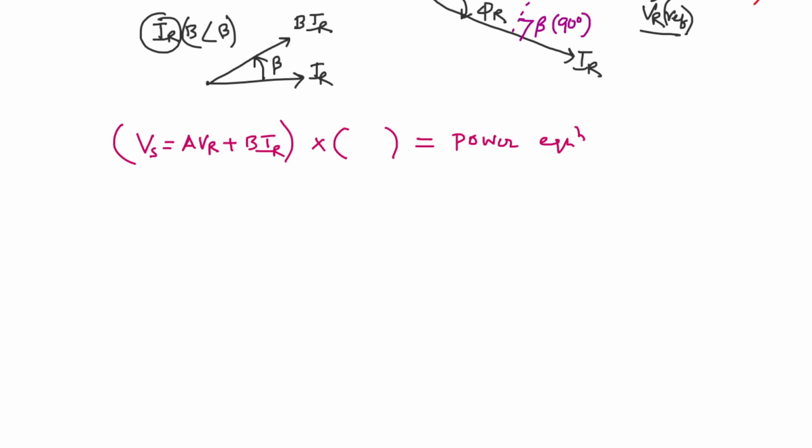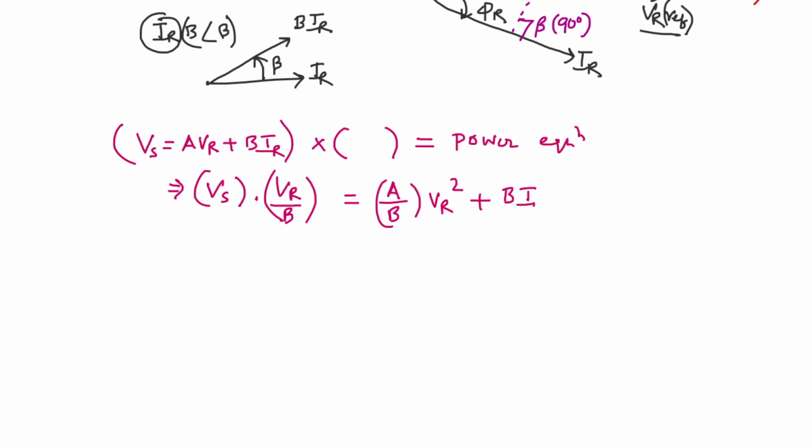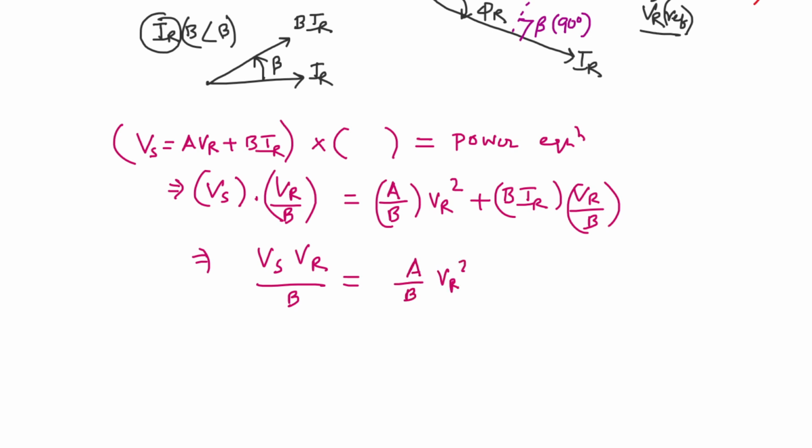That can be achieved if we multiply this equation with VR by B. If we multiply this with VR by B, it will be modified as A by B VR square plus BIR into VR by B. So the equation comes out to be Vs VR by B, that is A by B VR square plus VR IR.